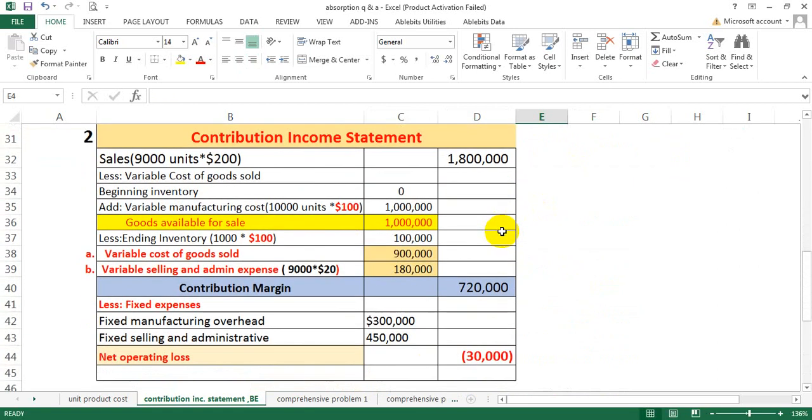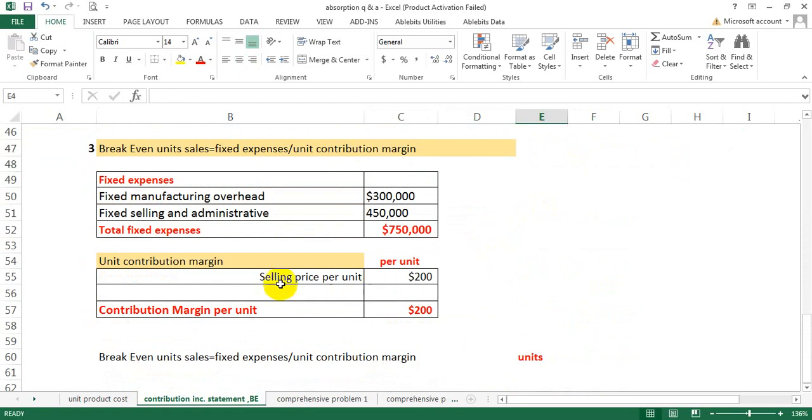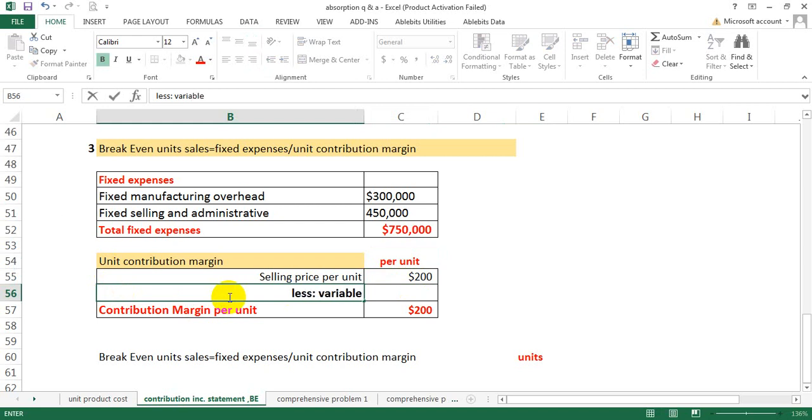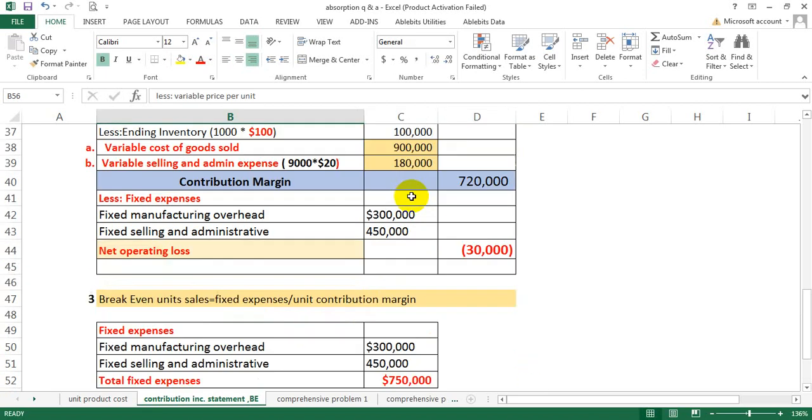So my selling price per unit is 200, less variable cost per unit.